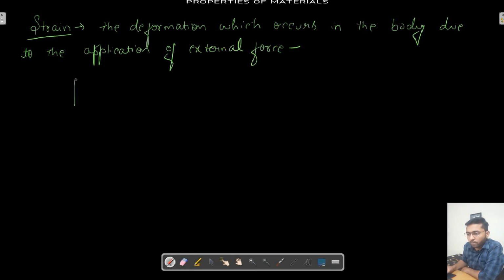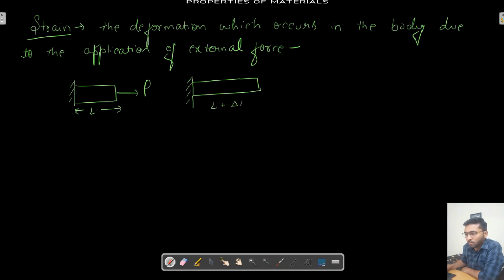So if we have a bar and we try to pull it, initially the length of the bar is L, but after we apply this force, what will happen? The length will be increased and it will become, let's say, L plus delta L. So what will be our strain? Our strain will be change in length upon original length. So this is the definition of strain.